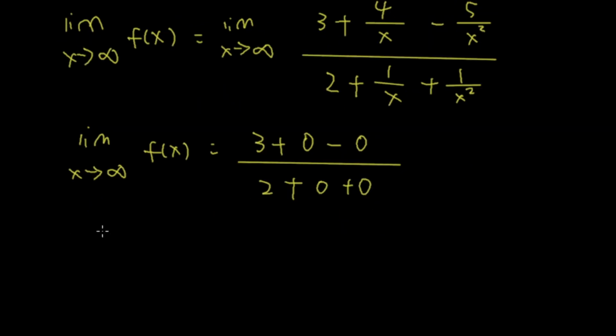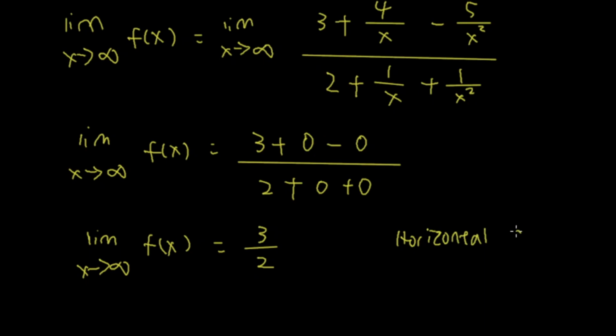Okay, so that is equal to 3 over 2. That means the horizontal asymptote for this function here is y equals 3 over 2.